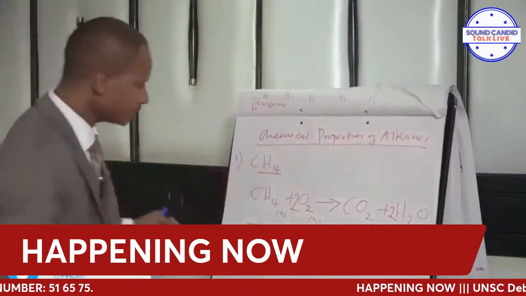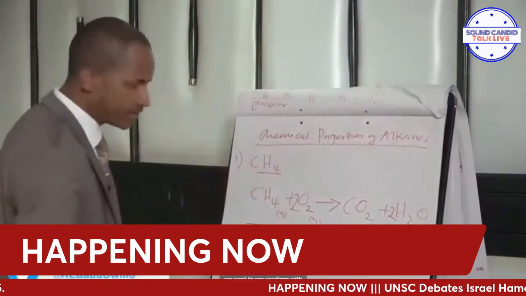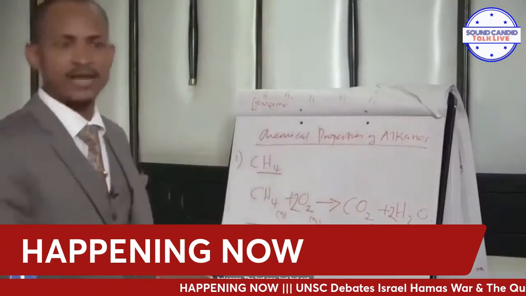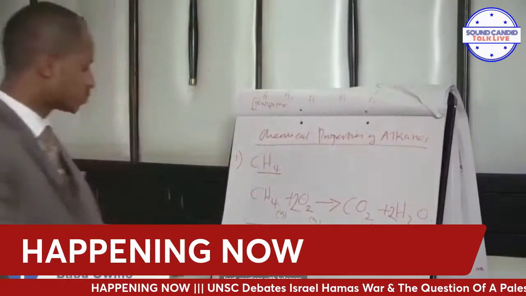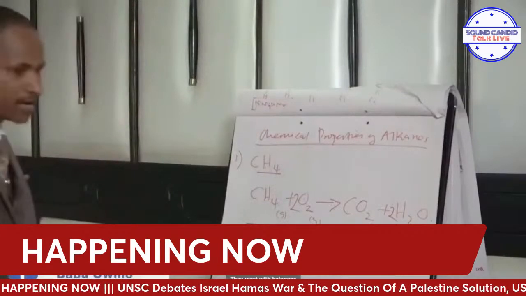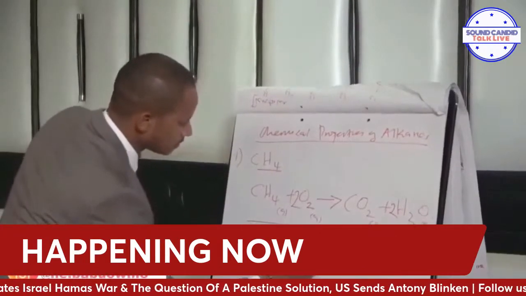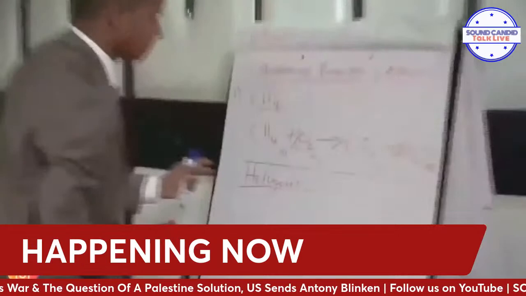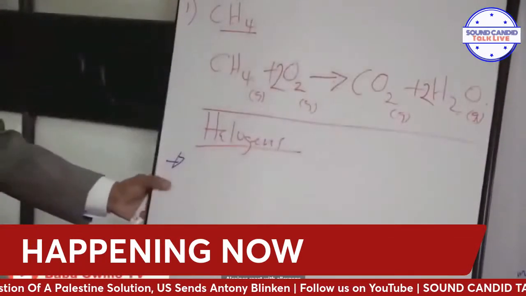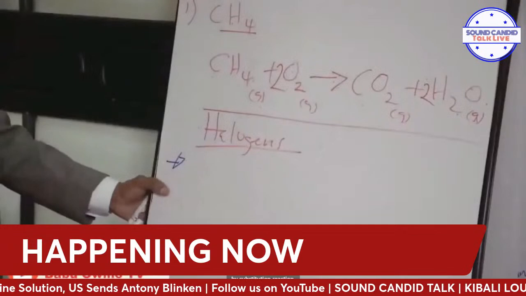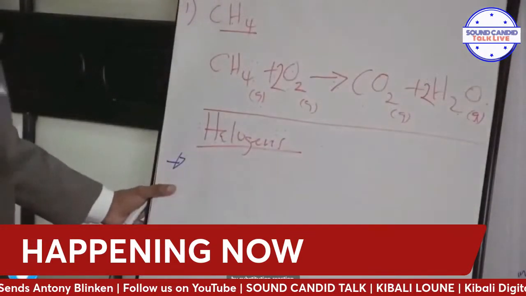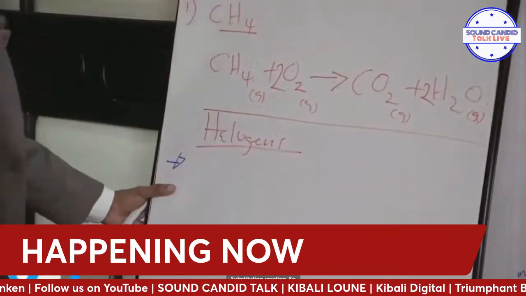Then we want to see reactions with halogens. The last one, last but not least, reactions with halogens. Alkanes react with halogens by substitution reaction.